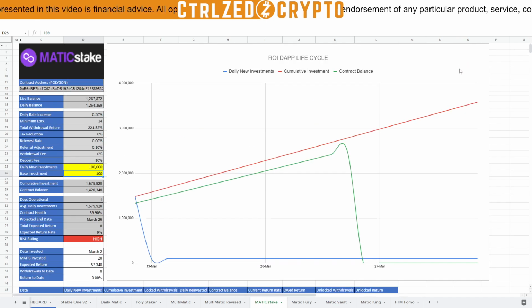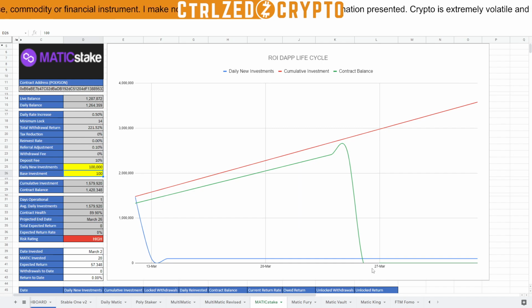And the green line, the contract balance, continues to grow minus that 10% divergence from the red line, which is because of the deposit fee. And then it hits a point where it's time to pay out and the contract just crashes.